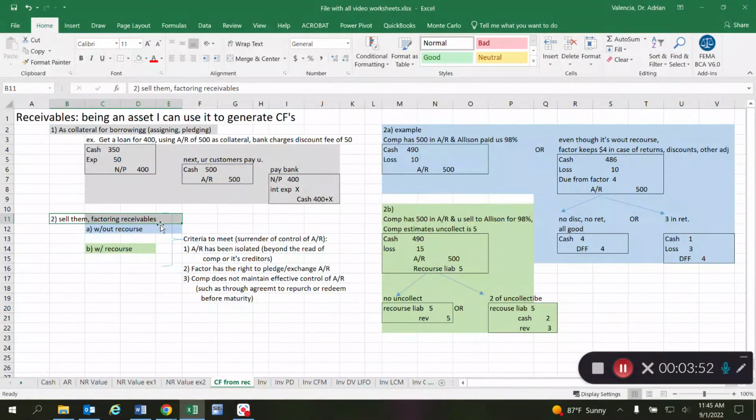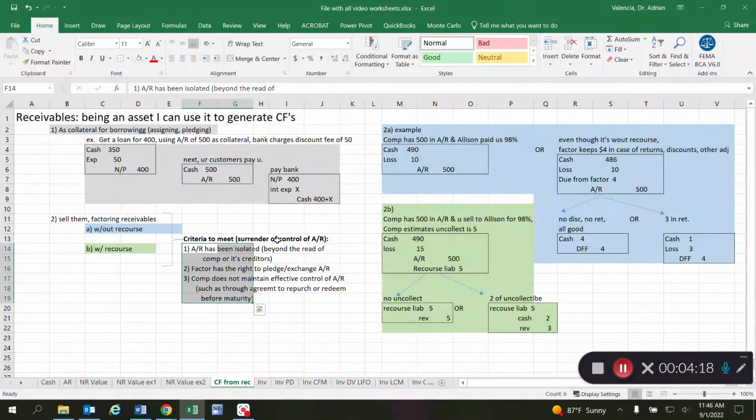So many times companies prefer to sell the receivables for that purpose, to avoid having to have a liability on their books. But real important is that for a company to be able to treat the exchange as a sale of receivables, there has to be some criteria that needs to be met. In essence, it's these three items right here that we'll discuss in a minute, but I want you to think about what we're trying to make sure is happening.